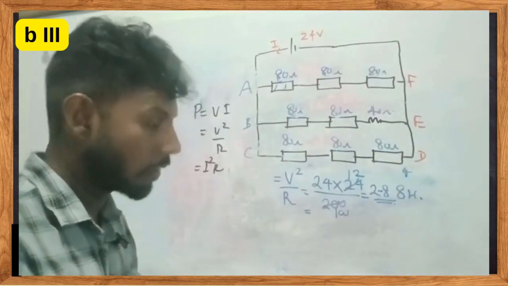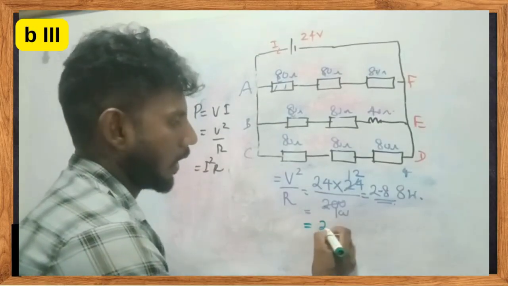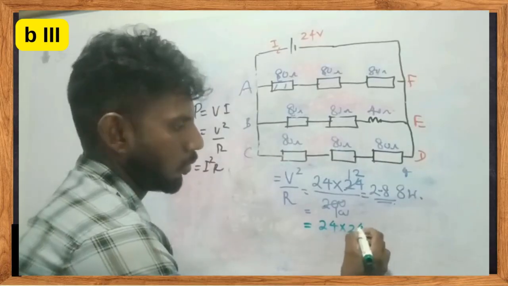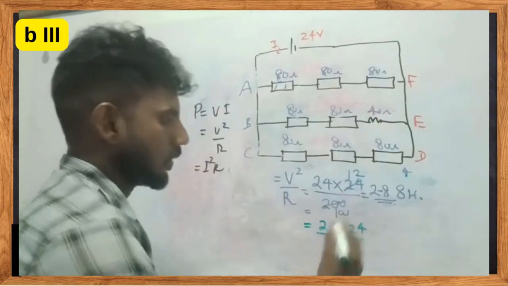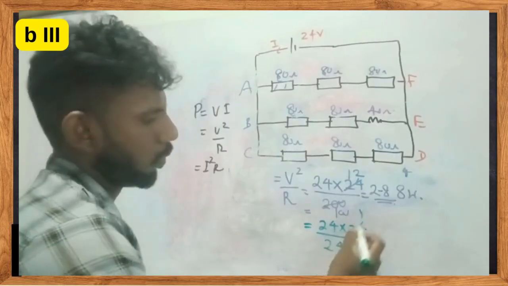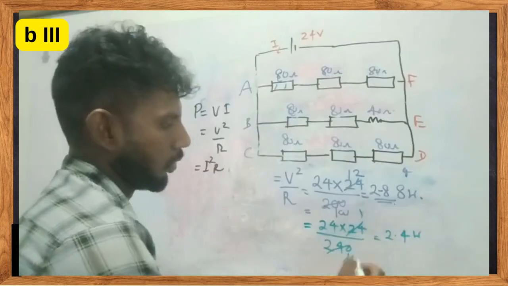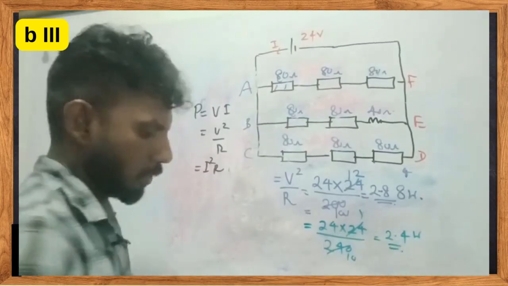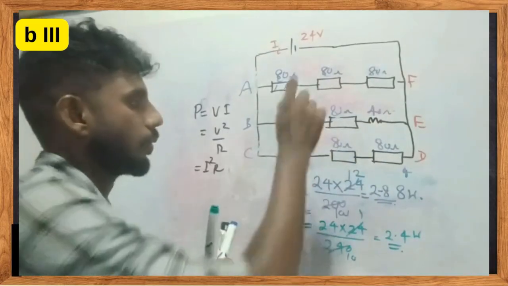Right, now let's find power dissipation across AF. Very same method, 24 into 24, right, and the resistance is 240. It's kind of easy to simplify. 24 1, 24 10, so it's 2.4, yes, 2.4. So they're asking us the total power dissipation. So what we have to do is add them.